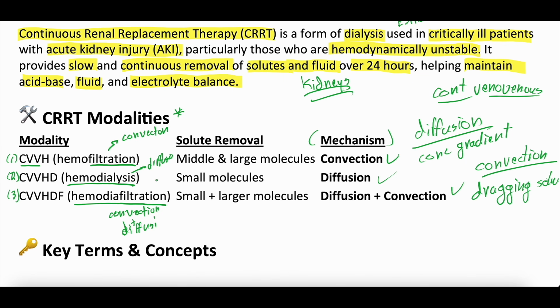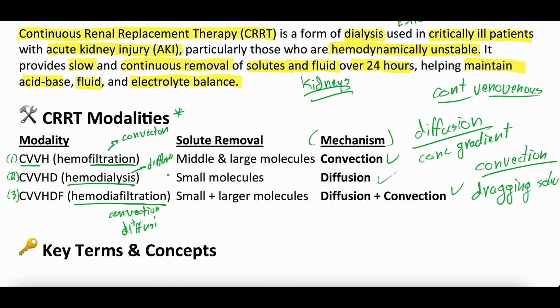So if we're going to wrap this up, CVVH. Remember, we're ignoring the CVV, so the H is hemofiltration, and we said filtration is convection. So it's a modality of CRRT that uses convection. CVVHD, we said HD stands for hemodialysis, and dialysis is diffusion.